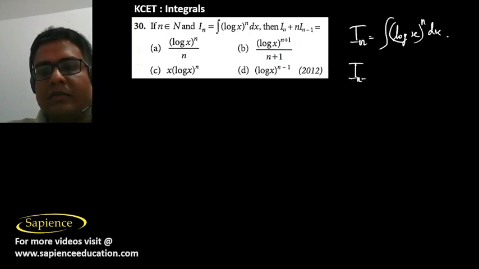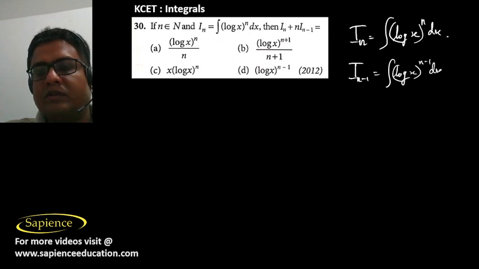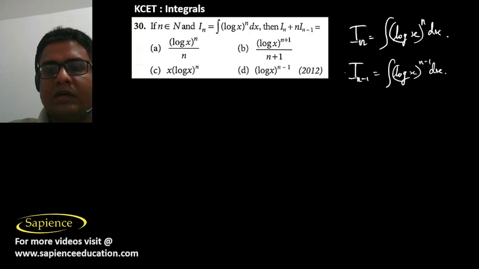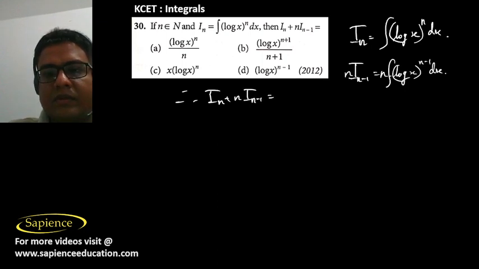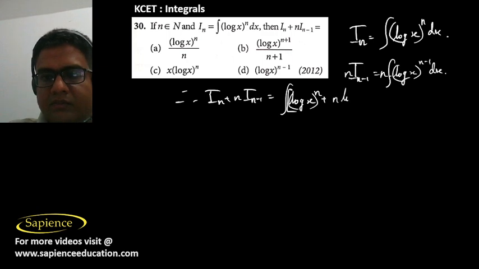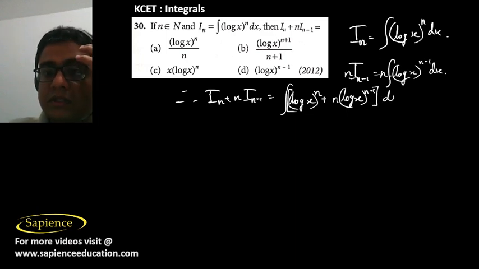So then I_(n-1) will be equal to the integral of (log x)^(n-1) dx. n into this will be n into I_(n-1). Now therefore I_n plus n I_(n-1) will be the integral of (log x)^n plus n (log x)^(n-1) dx.